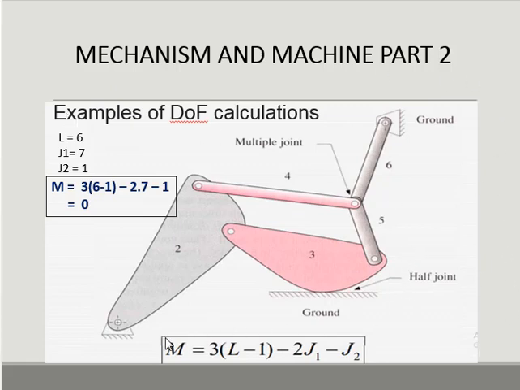Look at the picture. This is a mechanism like this. For the first calculation, you count the links. First link is 1, 2, 3, 4, 5, 6. This has 6 links.